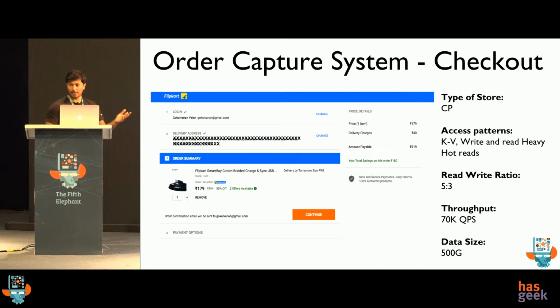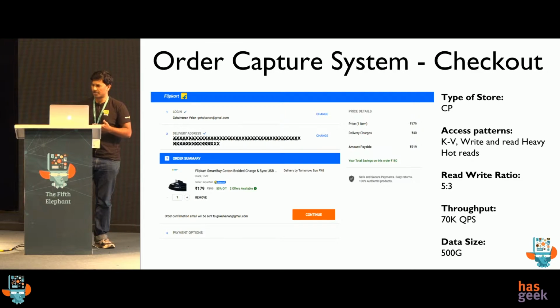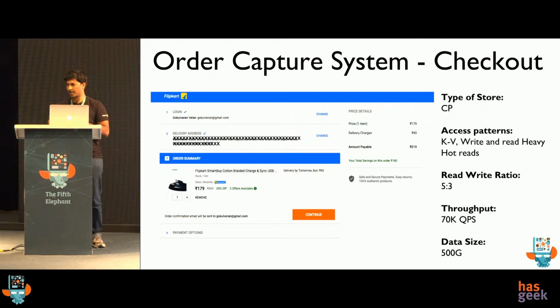The second system I would like to talk about is checkout. So from cart, you click on place order, or from the product page, you click on buy now. This is the screen that you get redirected to. And again, the type of store that is required to power such an experience is a CP store. The access pattern is largely very similar to cart. It's again key value, where key happens to be your checkout session ID.